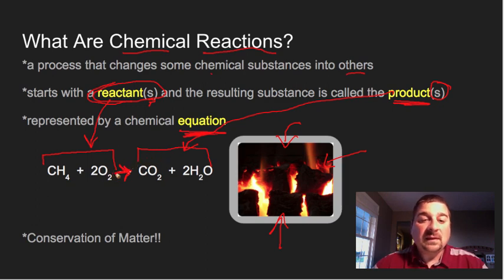Now, one thing that you need to notice is Lavoisier said that there must be a conservation of matter. So if you count the atoms over here, we're putting in 1 carbon, 4 hydrogens, and here's 2 O2. This 2 right here is called a coefficient.